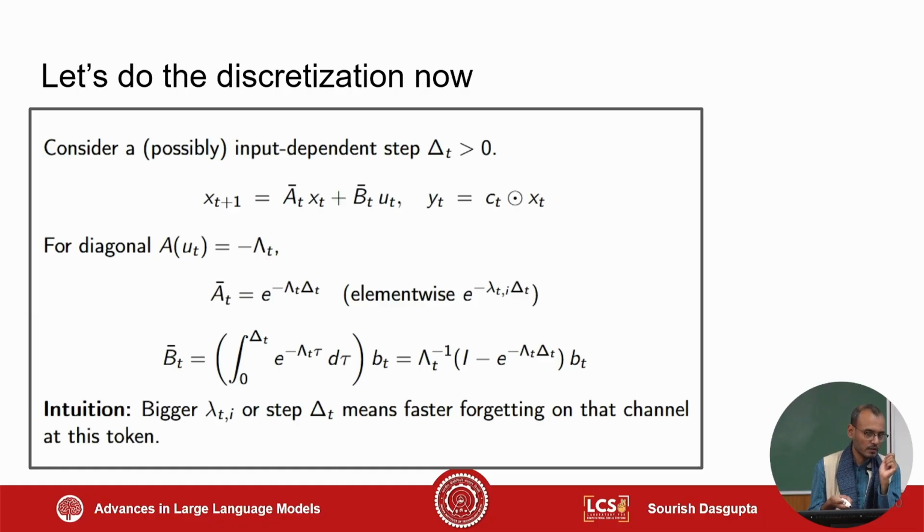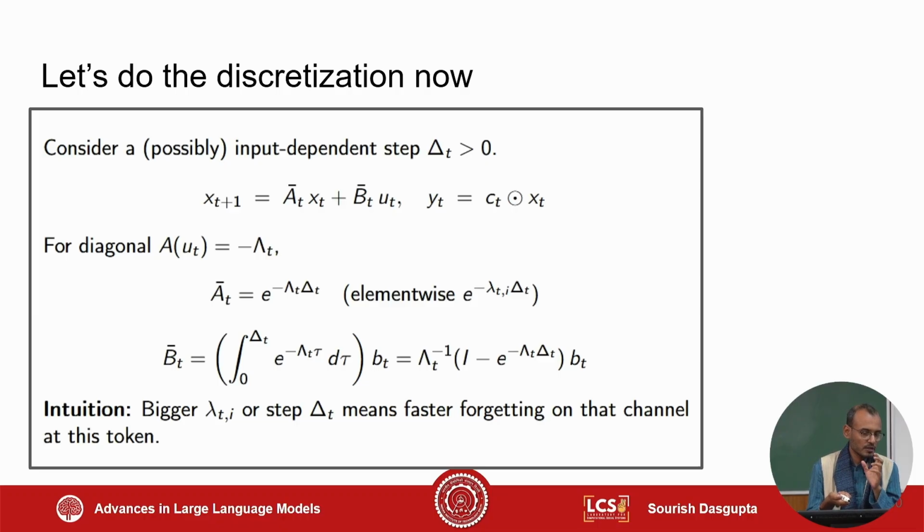So for diagonal A ut, which is minus of lambda t, A bar t would become e raised to minus lambda t delta t. Element-wise, for one particular eigenvector, it would be minus lambda t i delta t, and your B bar would be an integration of that, which will be the inverse of the diagonal matrix multiplied by I minus e raised to minus lambda t delta t, times bt.